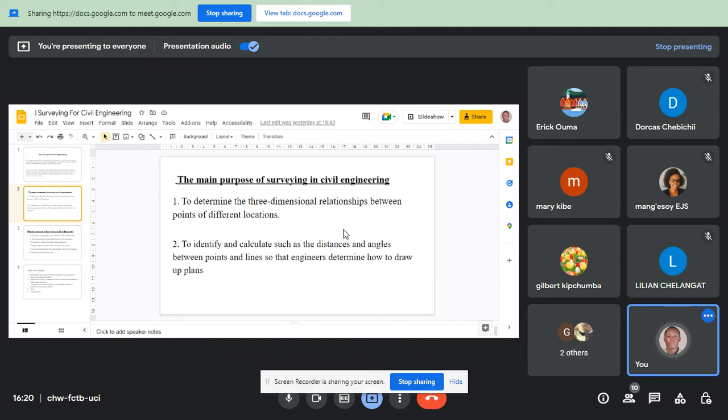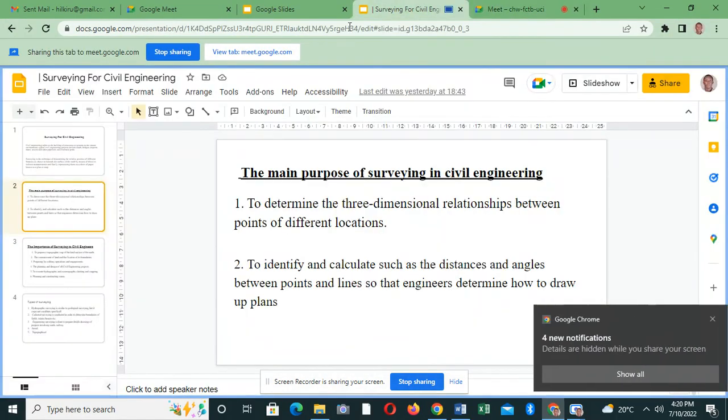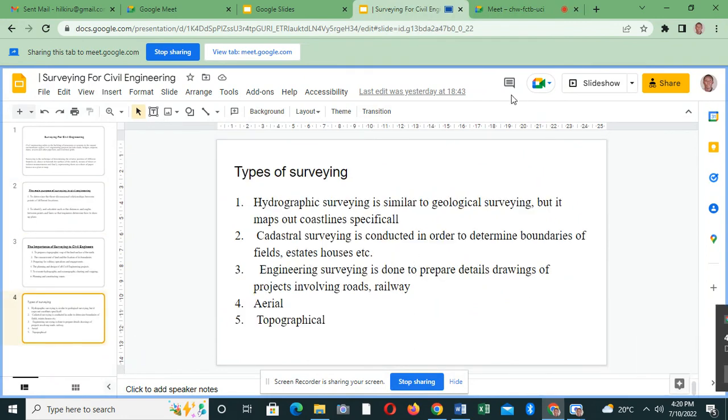Another main point is to identify and calculate such things as distances and angles. Finally, I want us to look at what the lesson today covers. We are going to look at the types of surveying. These are the main, but we have more than this.